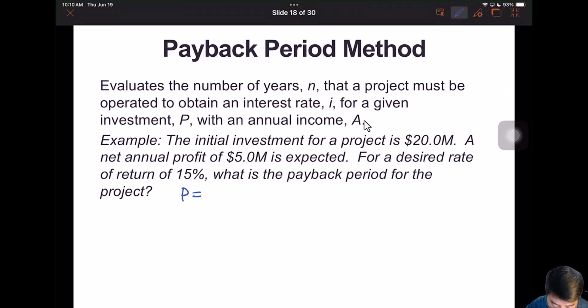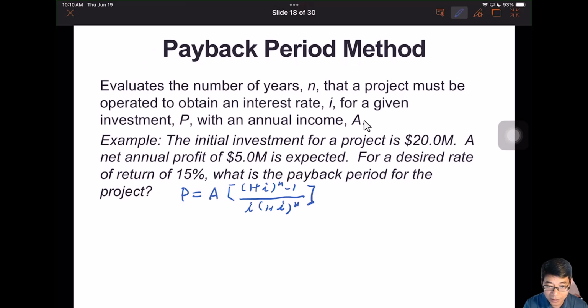P equals A times (1 plus i to the nth minus 1) over (i times 1 plus i to the nth). Now we just need to plug in the numbers and try to solve for N.